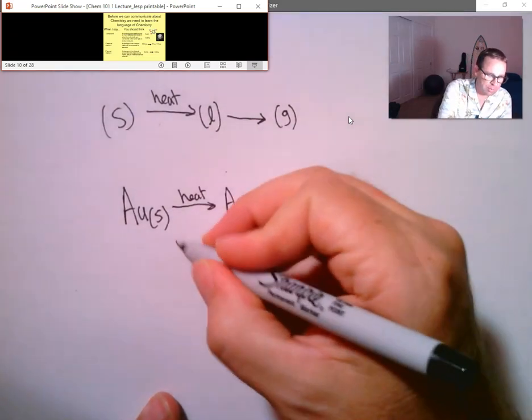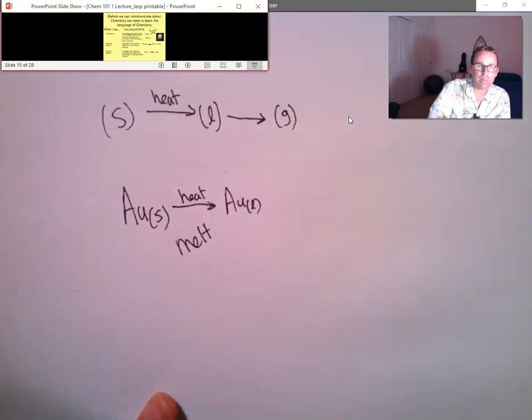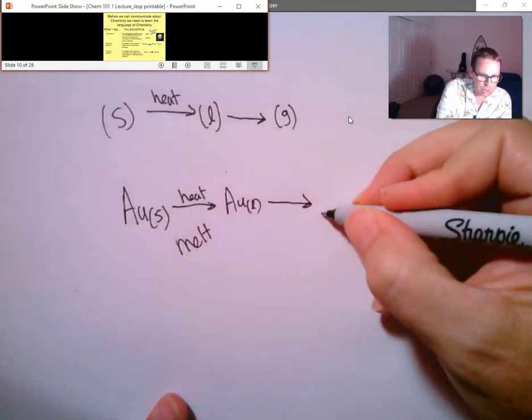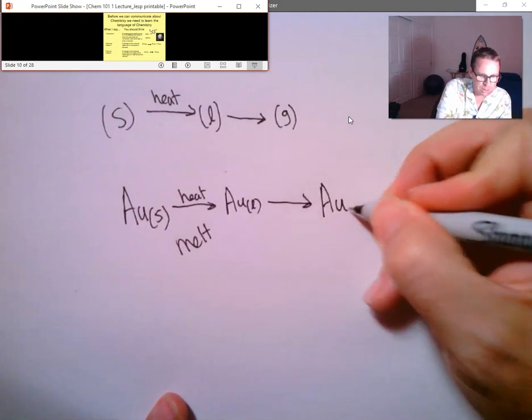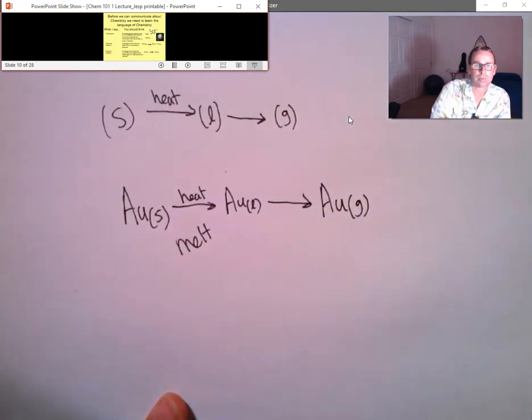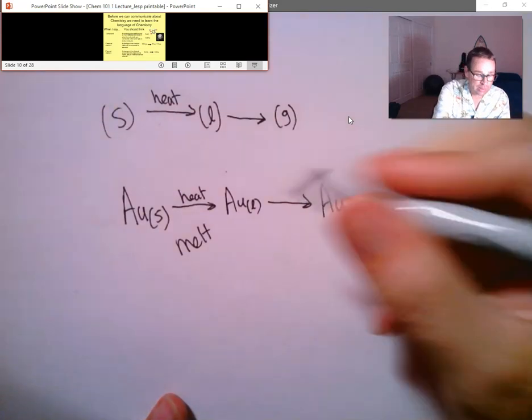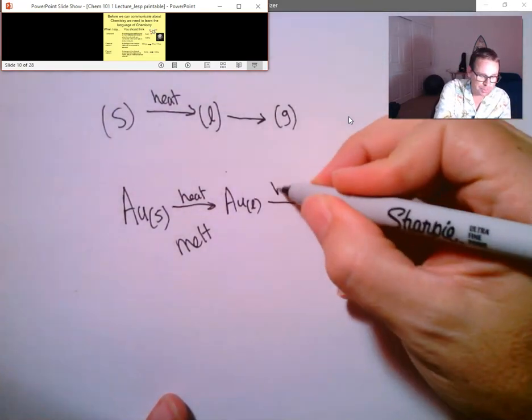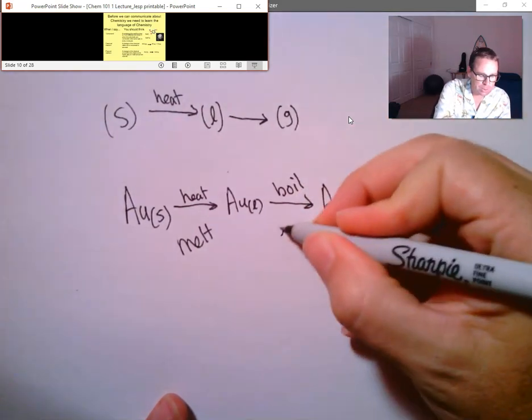Melting it. That's right. I've melted this species. Now here's a hard one. Do you know what you call it when you make something that's a liquid into a gas? Evaporating it. Okay, evaporating or boiling. Very good.